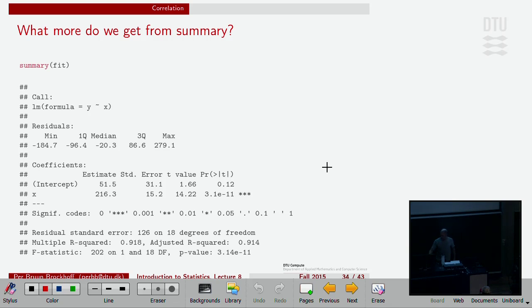There is also something called R squared, which is exactly the square of the correlation coefficient you were told how to compute on day one. For these data, the square apparently is 0.92, and we have some interpretations of that.